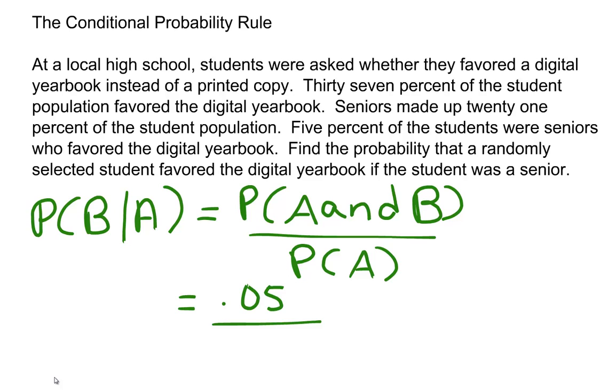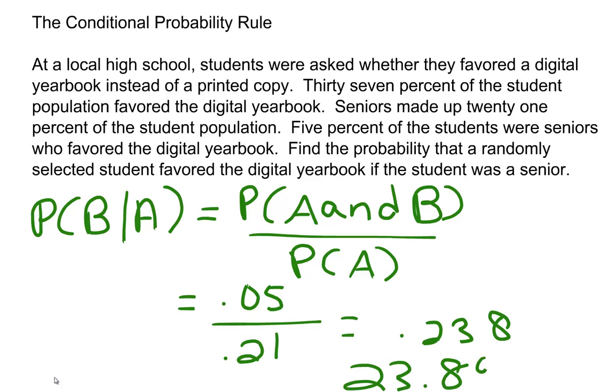Dividing this by the probability of A, that is, the probability of being a senior, which is 0.21, gives us a result of 0.238. We can convert that to a percentage and rewrite it as 23.8%.